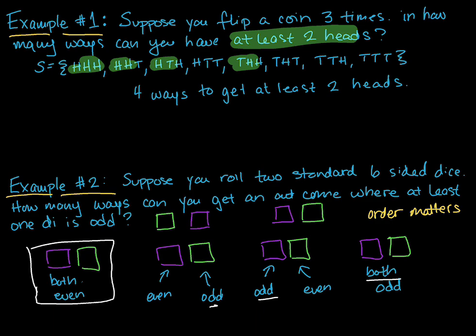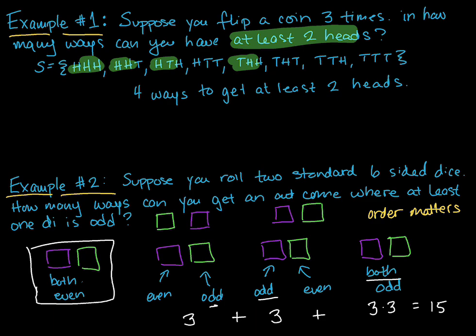So here, there's 3 ways for the green die to be odd, there's 3 ways for the purple die to be odd, and there's 3 times 3 ways for them to both be odd. So that's going to be 3 plus 3 plus 9, which gives 15 ways.